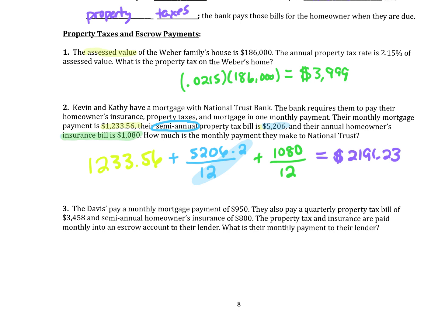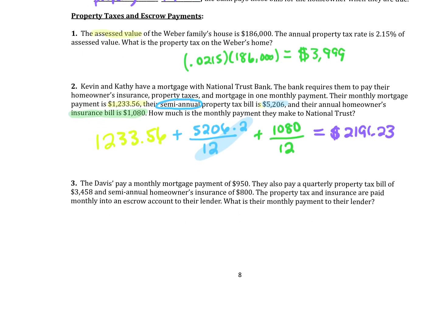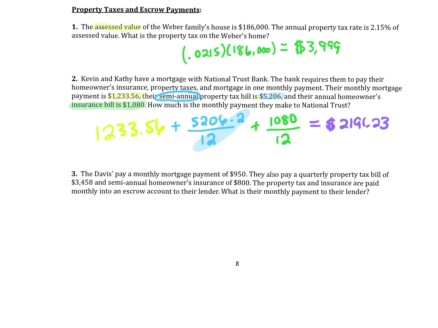So this next example has a quarterly in there too, so I want to show you that example just so that you can see how that works. Okay, so for this one, there's their mortgage, quarterly property tax, semi-annual, whoops. Okay, so it's those 3 again.